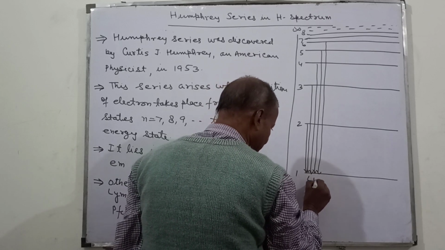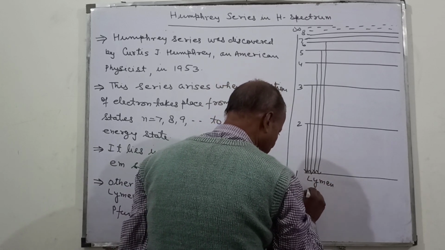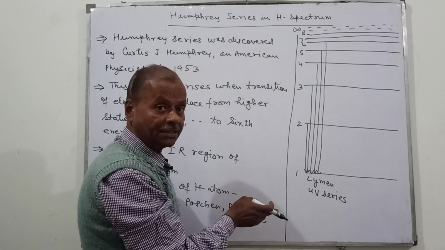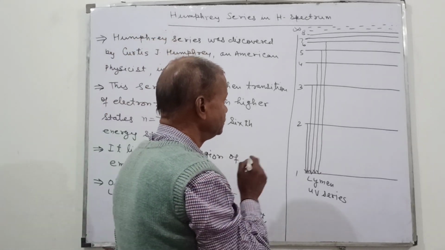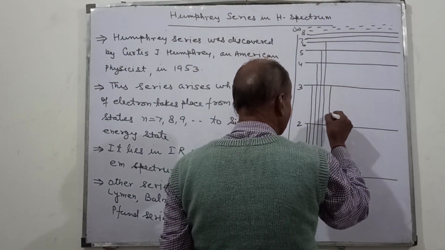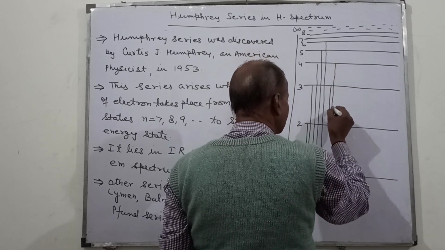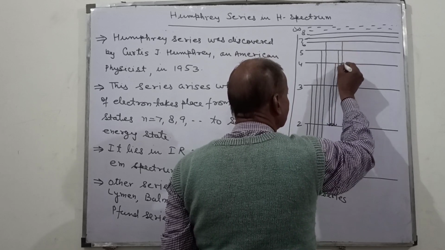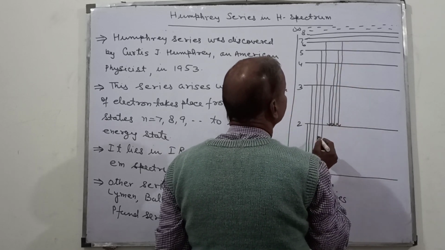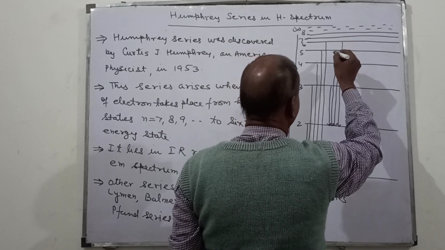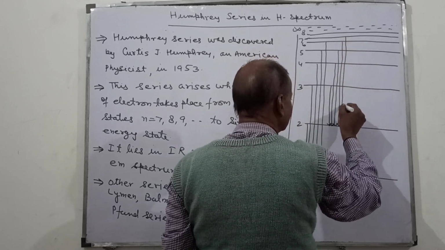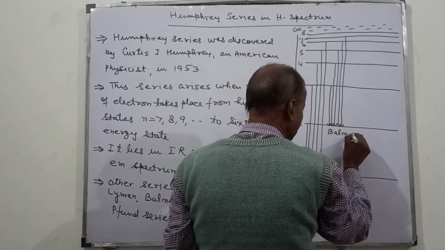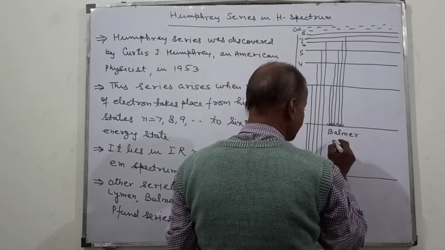This is our Lyman UV series. This series lies in the ultraviolet region. Now this is the Balmer visible series.